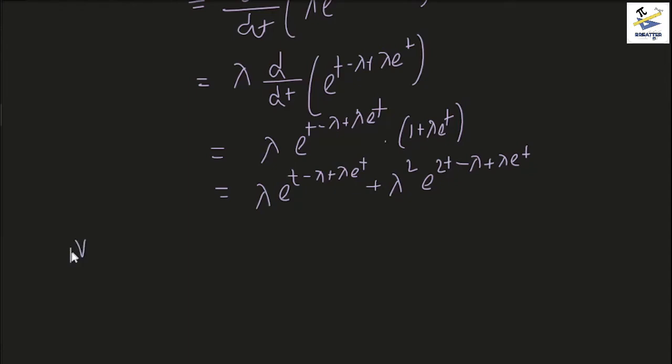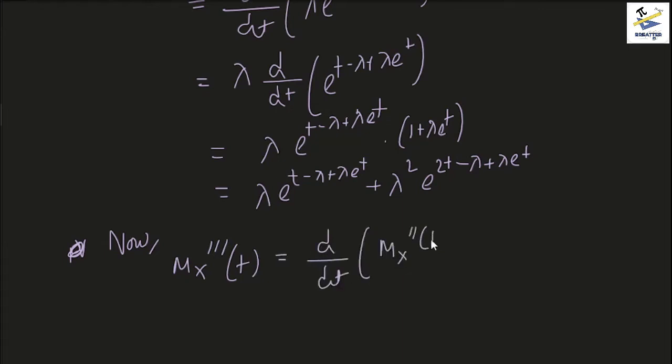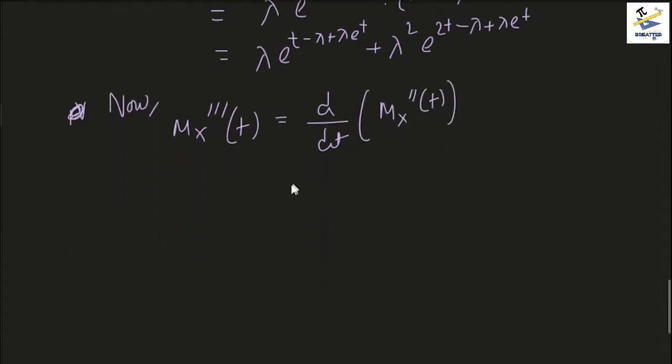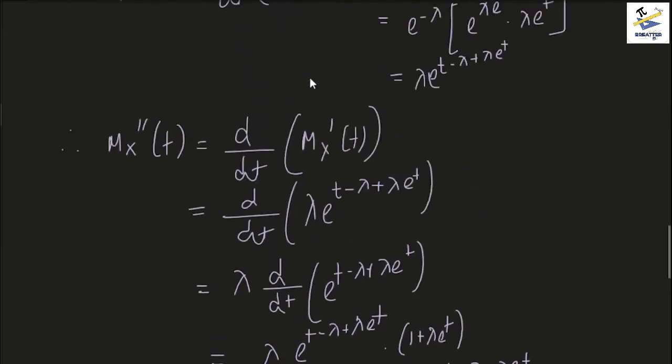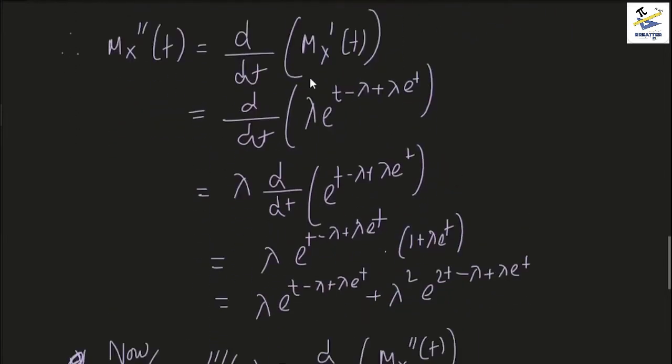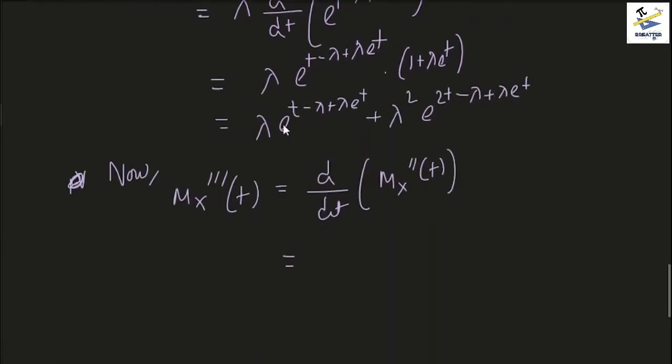Now the third derivative would just be the derivative of the second derivative, right? So this term we already did. This is basically the second derivative, and this is basically the first derivative which we differentiated to find out. So the answer for that would just be this whole thing again.